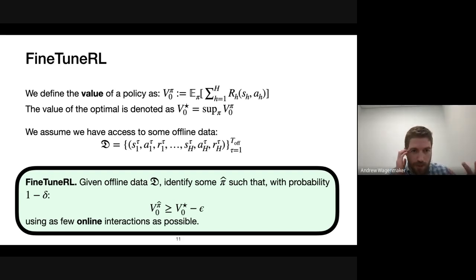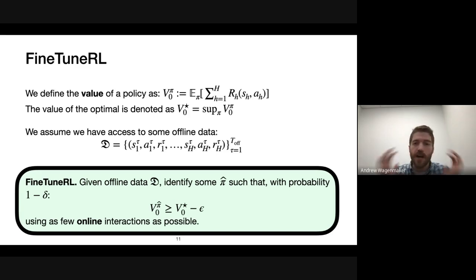Okay, and so the goal of this paper is, given this offline data set, to identify some policy pi hat, such that with probability 1 minus delta, this policy has a value within epsilon of the optimal policy, and to do this using as few online interactions as possible. So we assume that the offline data is effectively free.